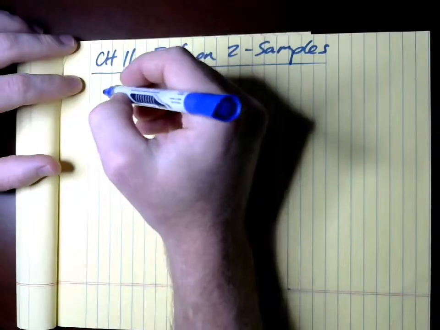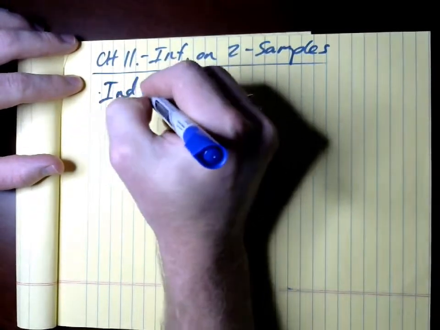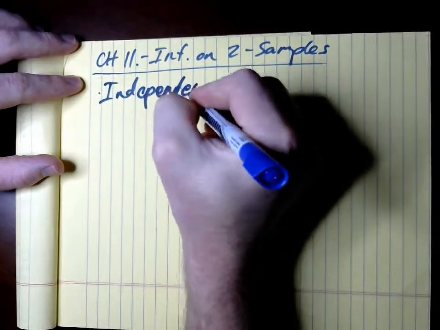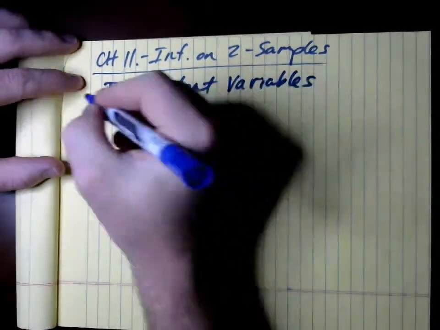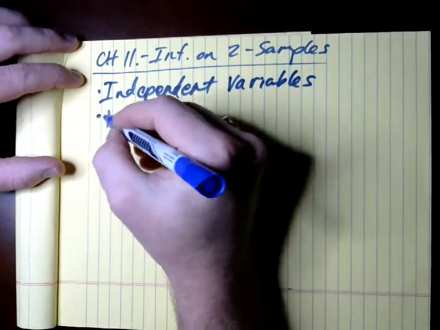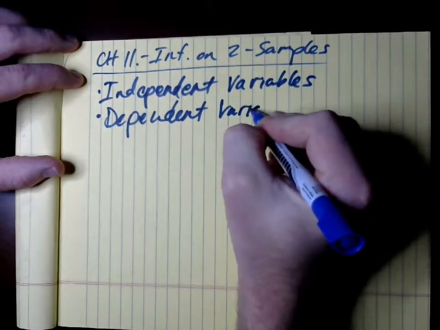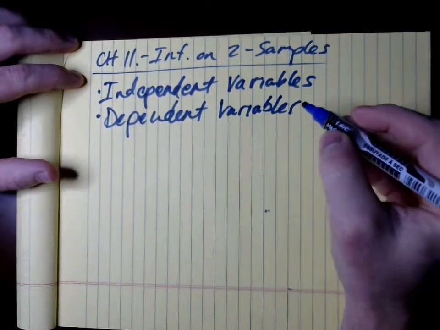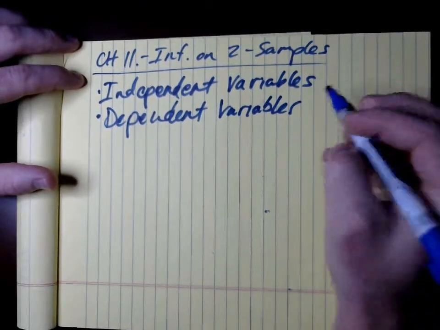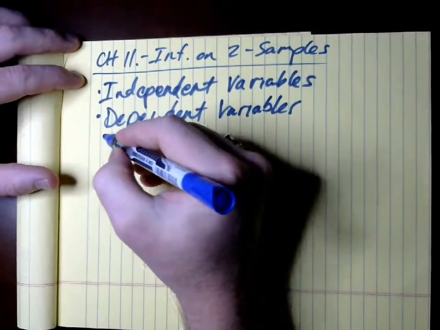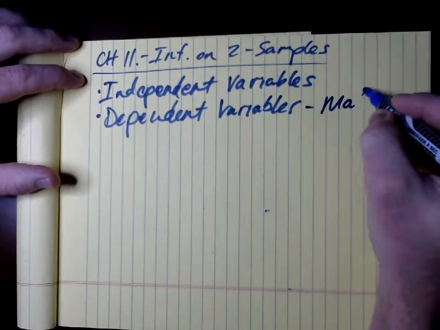So we can deal with what's known as independent variables, or we'll be dealing with dependent variables throughout chapter 11. Dependent variables are also known as matched pairs.